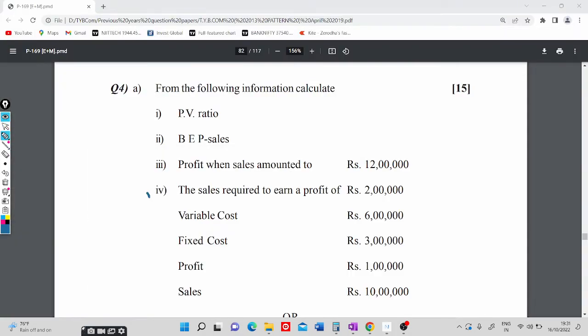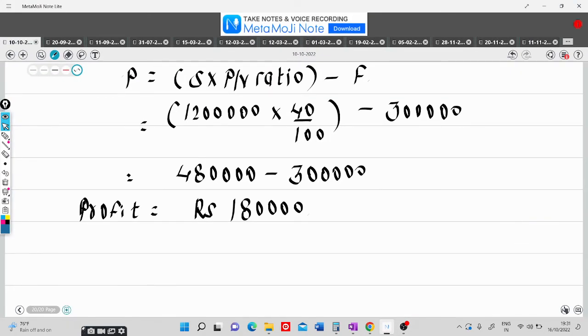Next, here there is a desired profit of 2 lakhs. What will be the sales? If you desire a profit of 2 lakh, what should be the sales? Let's calculate this.